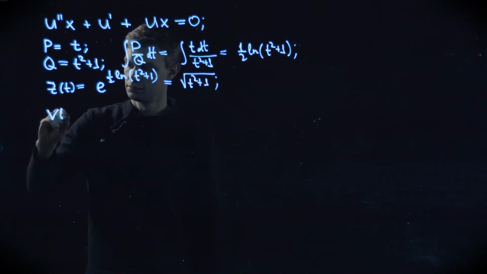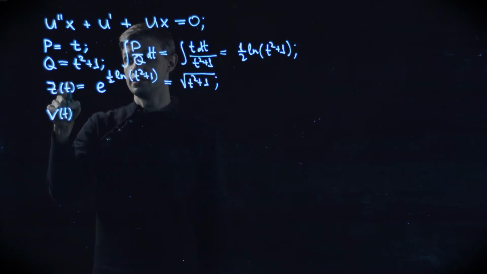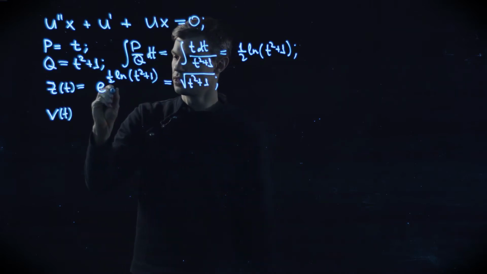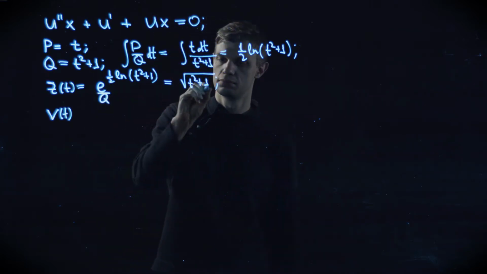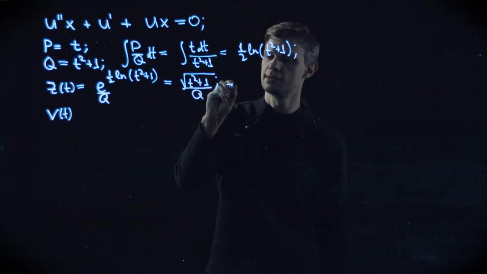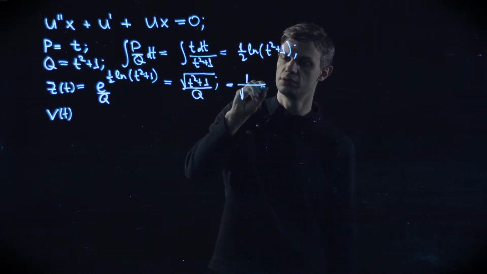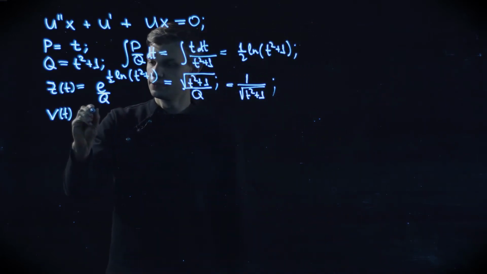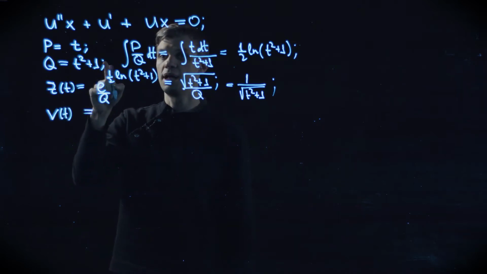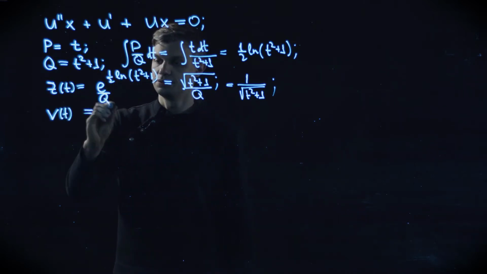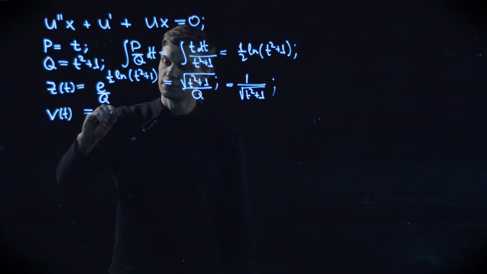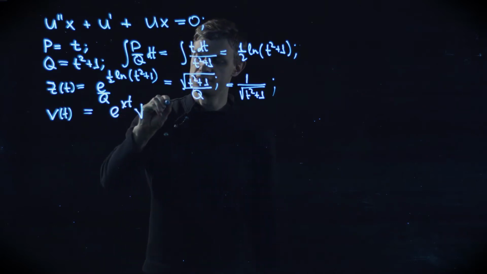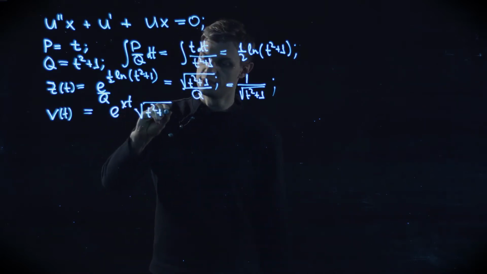The V function is, as you remember, the z function divided by q, which yields 1 over the square root of t squared plus 1. Right, so the v function is the z function multiplied by q multiplied by e to xt. So it's going to give us e to xt times the square root of t squared plus 1.